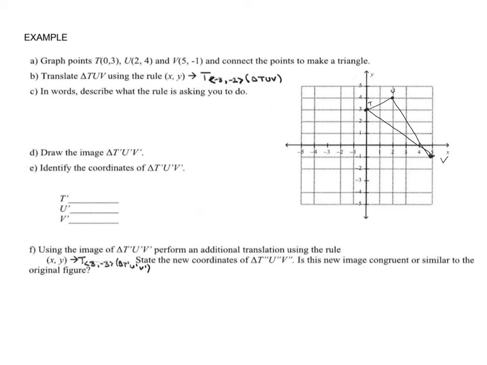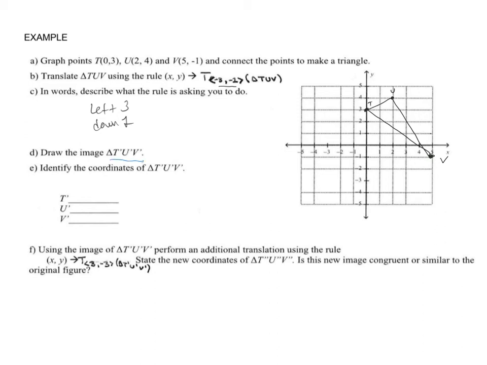Okay, so there's our pre-image. It says translate now -3, -1. So we need to go left 3, and then down 1 for our T prime, U prime, V prime.